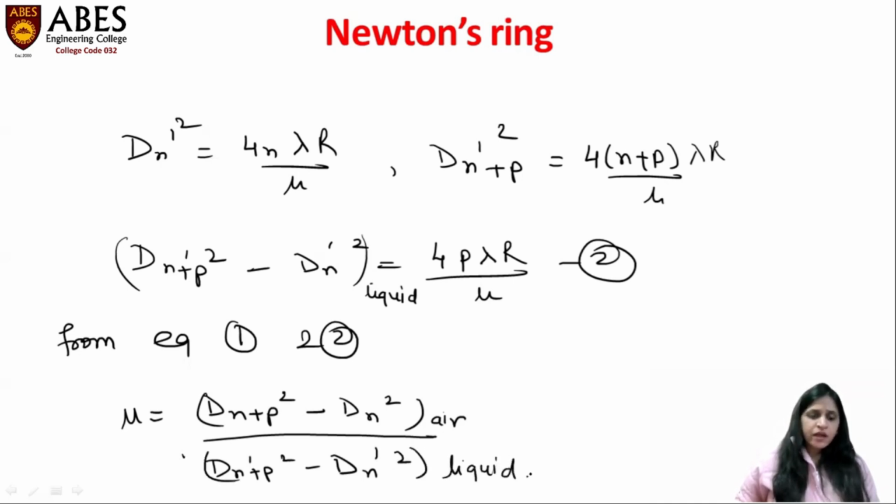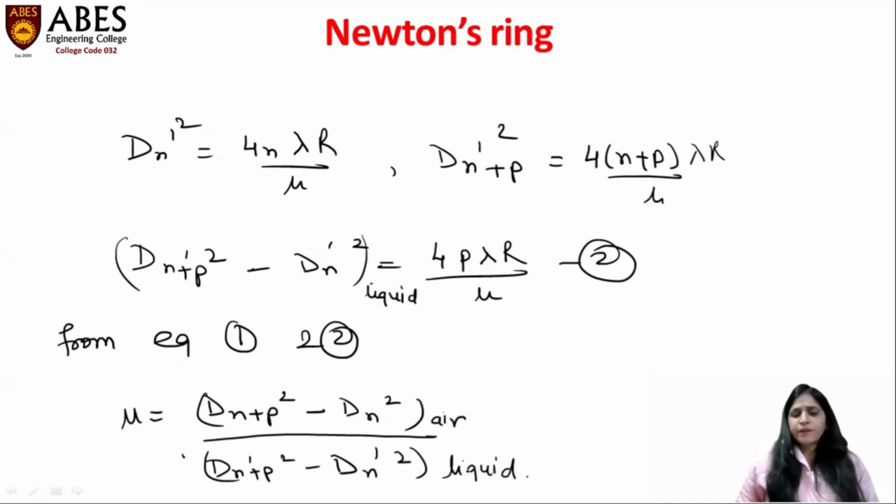So we can also calculate the refractive index of a liquid with the help of the diameters of the rings formed due to the air film and the diameters of the rings formed when the liquid is introduced between the plano-convex lens and the glass plate. So this is another application of Newton's rings.